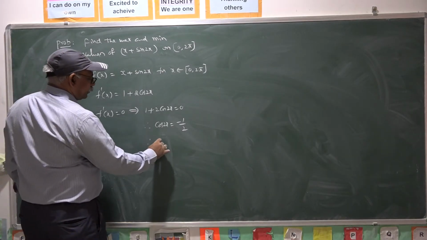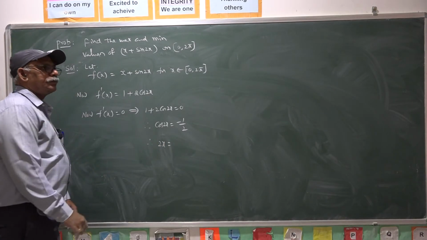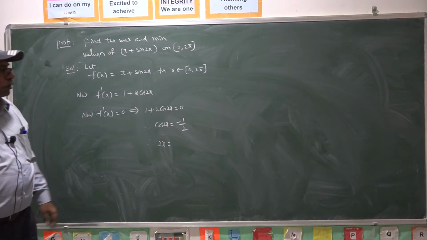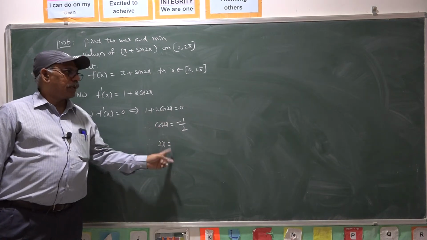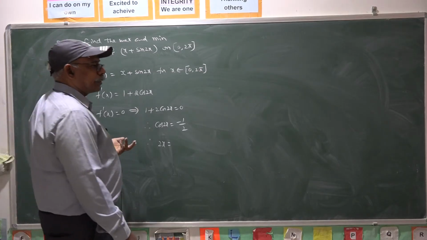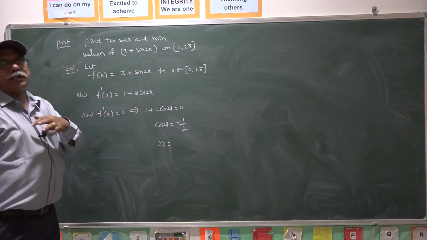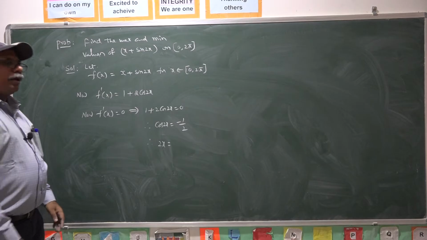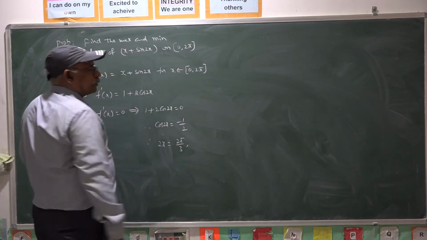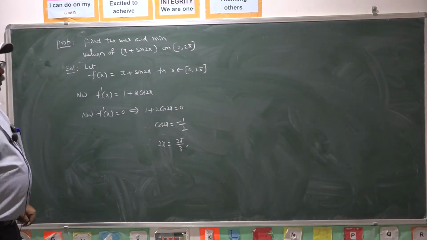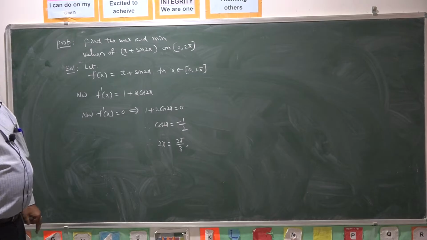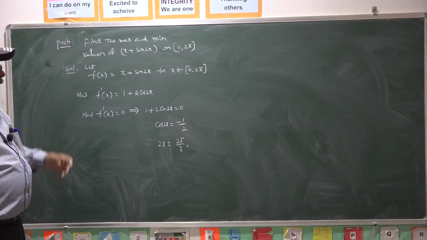Therefore, 2x takes the value where cos is negative, in the second and third quadrants. So, 2x lies in the second and third quadrants. Moreover, cos takes the value 1 by 2 when the angle is pi by 3. So, in the second quadrant, it is pi minus pi by 3, so 2x takes 2 pi by 3.